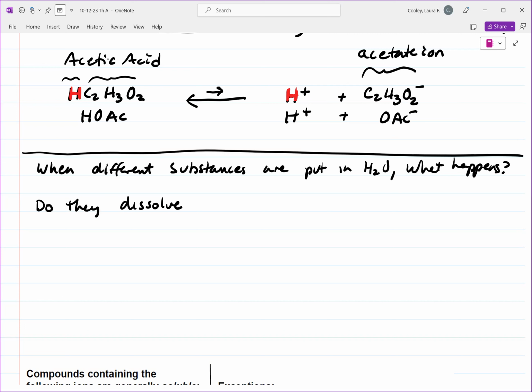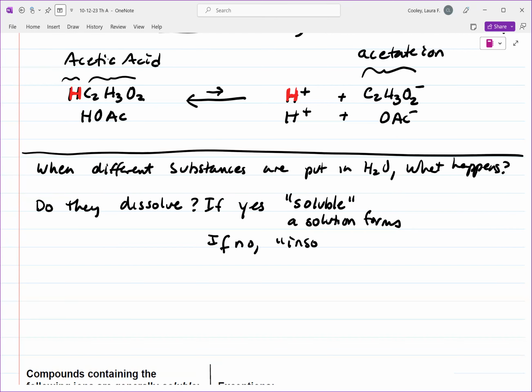In which case, if yes, then we say that they are soluble, and we say that a solution forms. If no, then they are insoluble. This is just some vocabulary that I talked about last time.